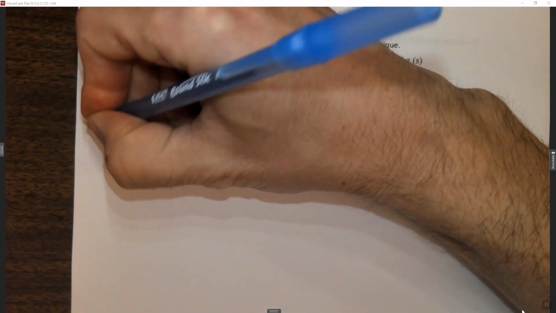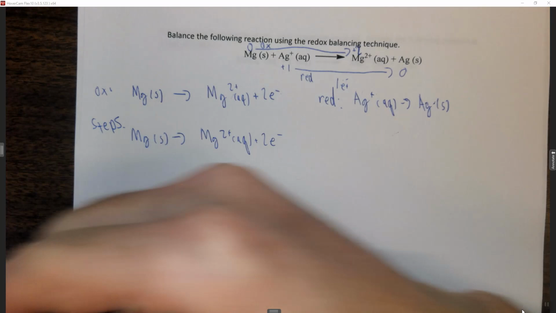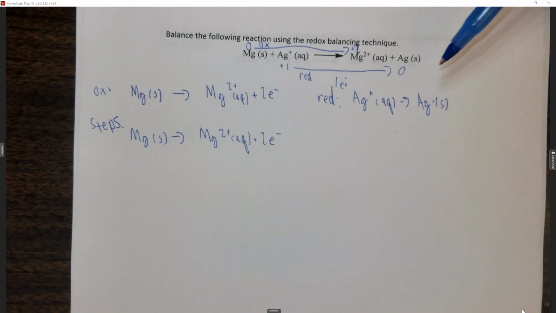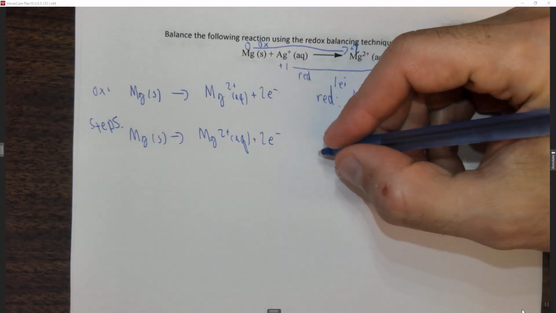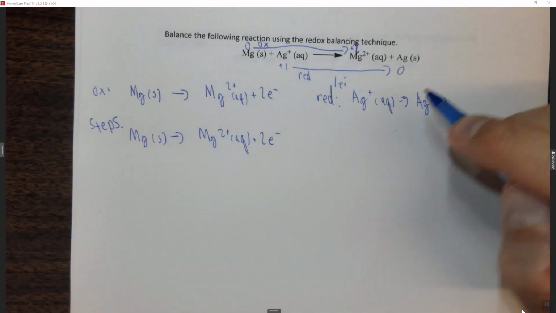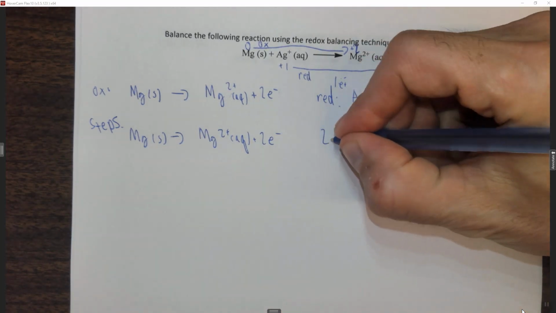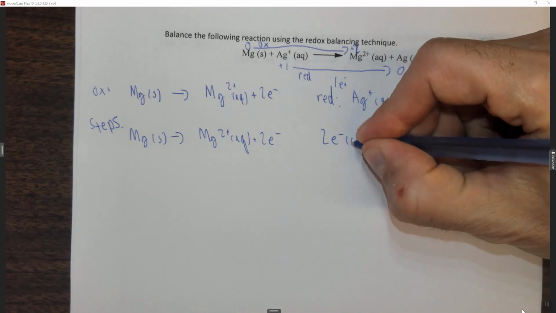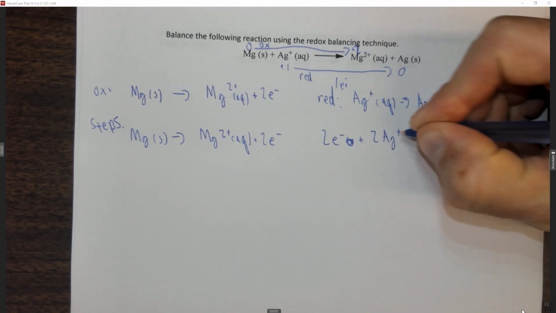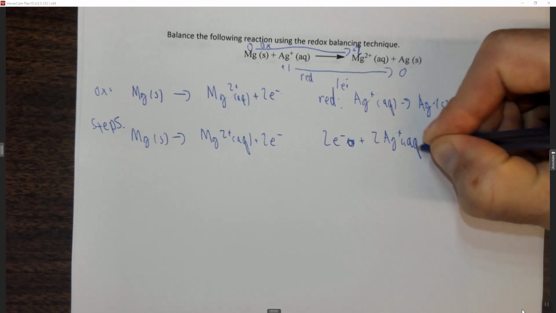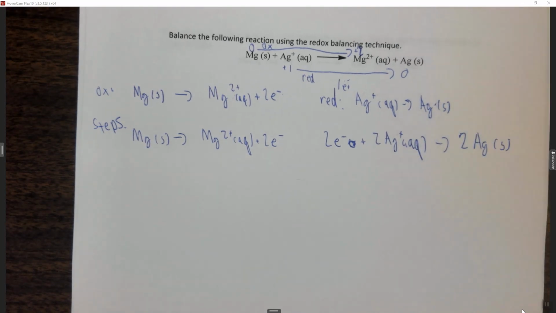This is all written out in the written notes, but I'm talking you through it instead. Here, we need to double everything because we need the same number of electrons in the oxidation half reaction and in the reduction half reaction. So we double everything: 2 electrons plus 2 Ag plus aqueous yields 2 Ag solid.